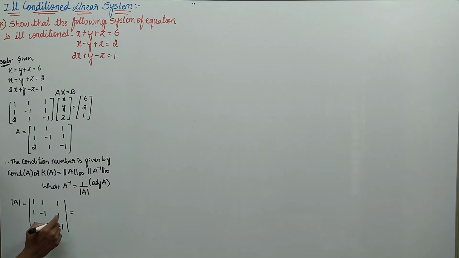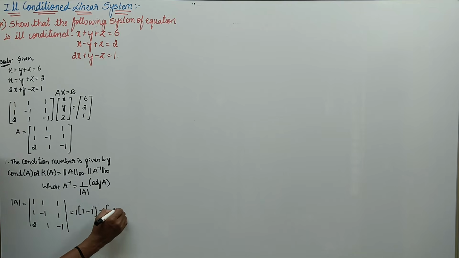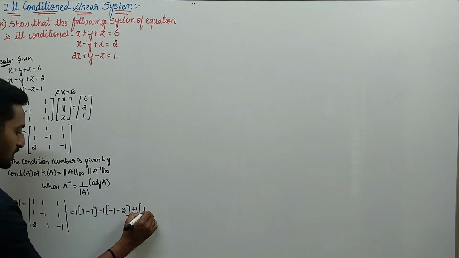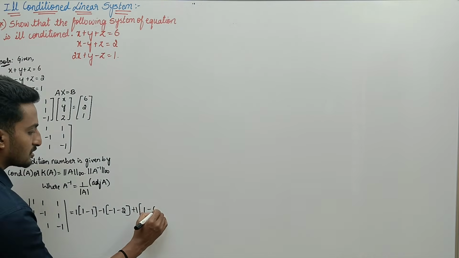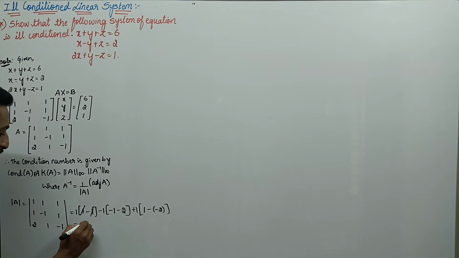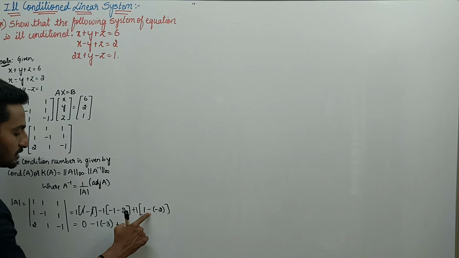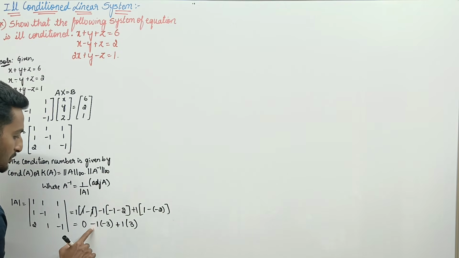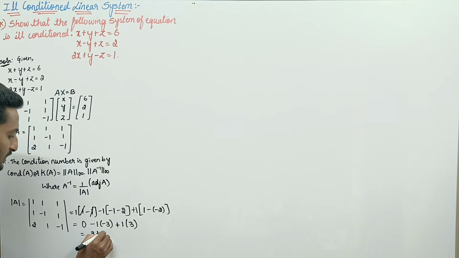If you expand the determinant: 1 into minus 1 into minus 1 plus 1, minus 1 into 1 minus 1, next 2 into 1 minus 2, plus 1 into 1 into 1, 1, 1 into minus 2 minus of minus 2, where 1 minus 1 is 0, next you have 0 minus minus 1 into minus 3, plus 3 plus 3.